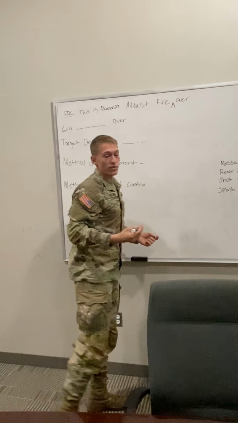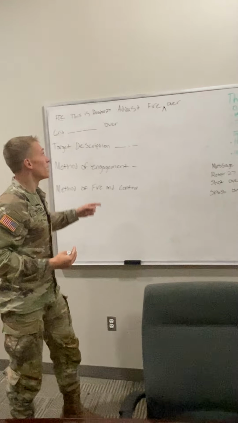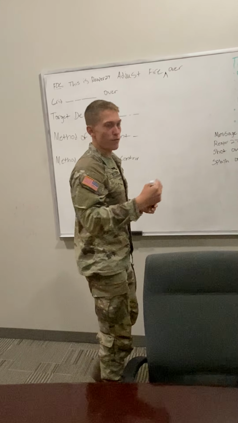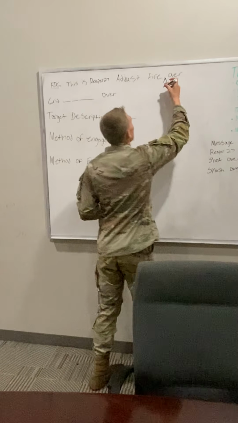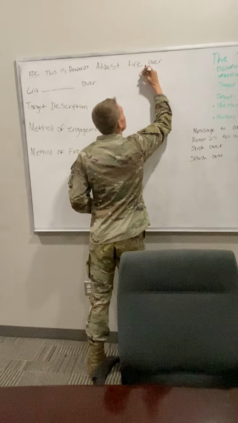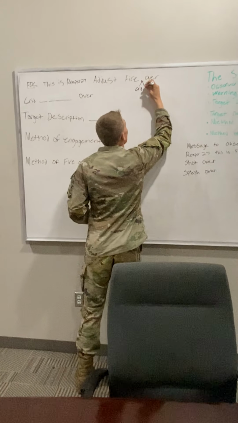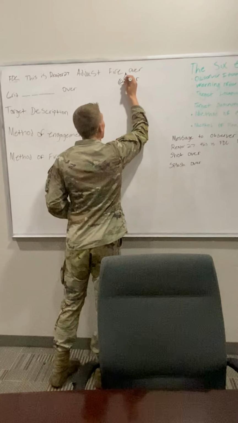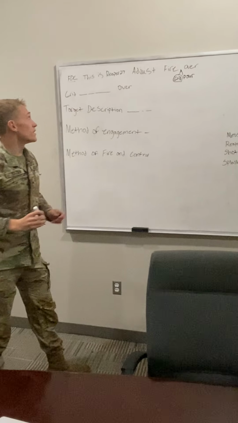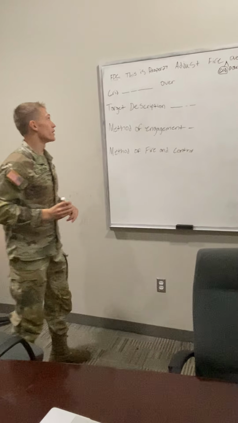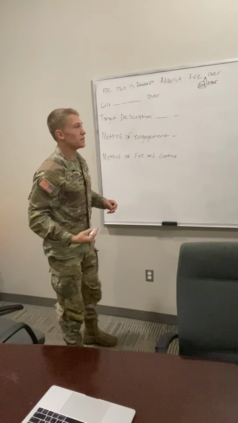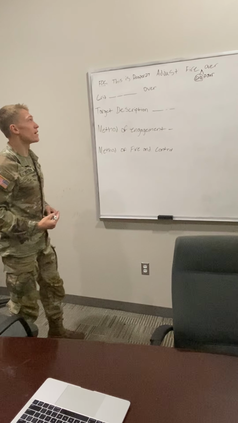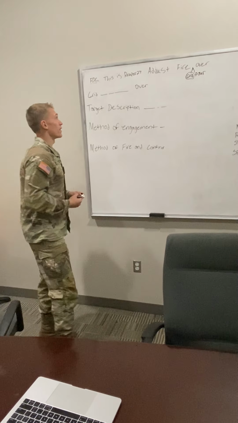One is a grid method where, like I said, you get a grid, and the other is polar where you go off of distance and direction. But today we're gonna focus mostly on grid. So it'll be FDC, this is Reaper 27, adjust fire, grid, over. And then FDC will repeat back to you, Reaper 27, this is FDC, adjust fire, grid, out.